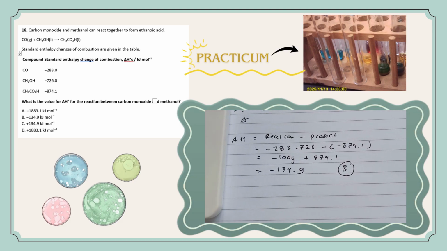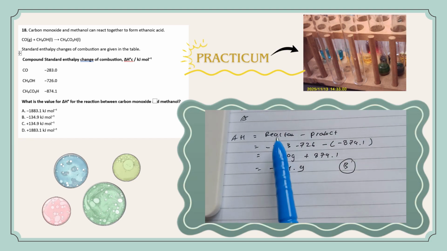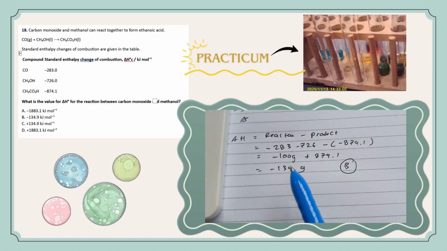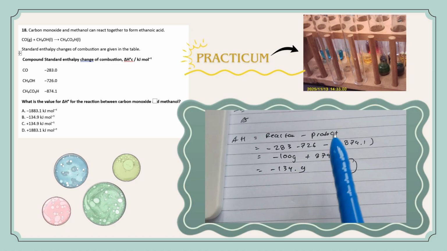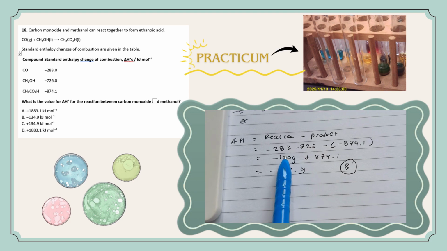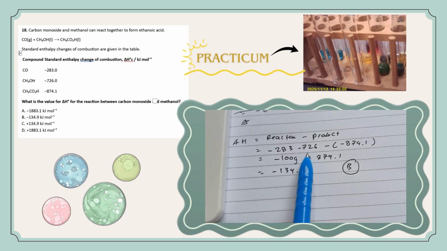Now for number 18, because this is bond energy, to calculate the enthalpy change we use reactant minus product. From the question, we know that the reactant is minus 283 plus minus 726.